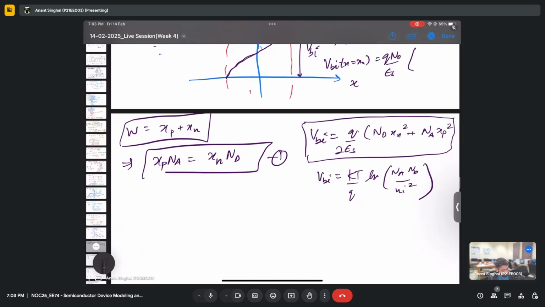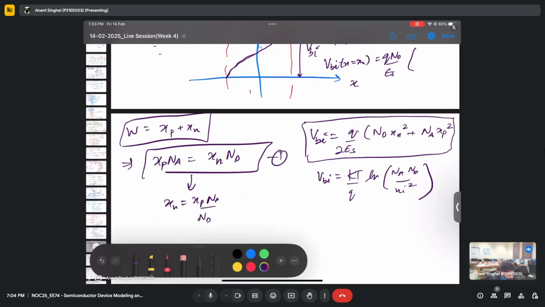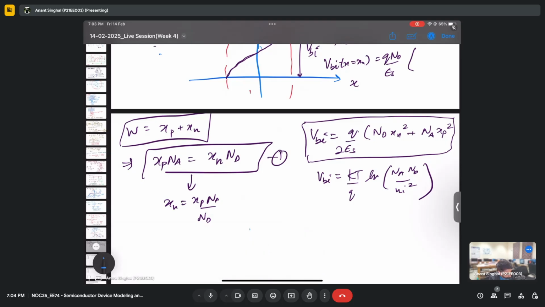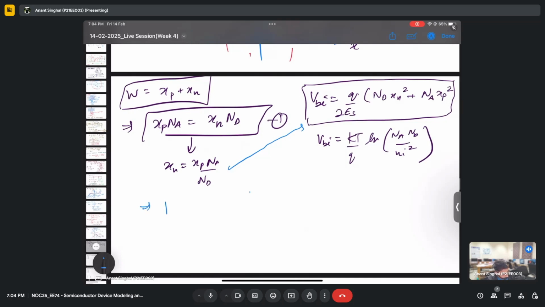So now what we have seen is this. Can I write xn as xp Na by Nd? If I make some mistake in between, please be aware and let me know. So I'm putting this xn here. What I'll get is Vbi is q by 2 epsilon s.